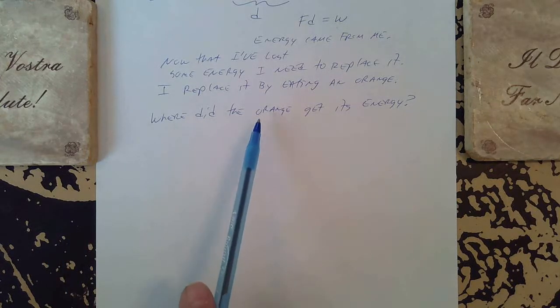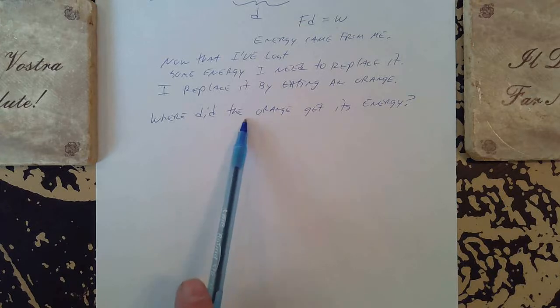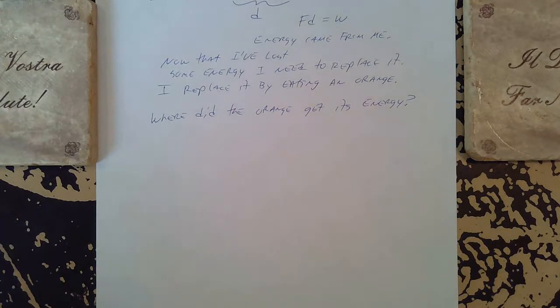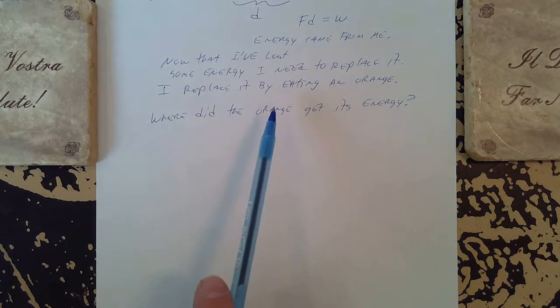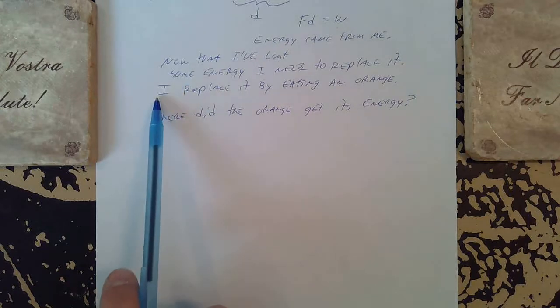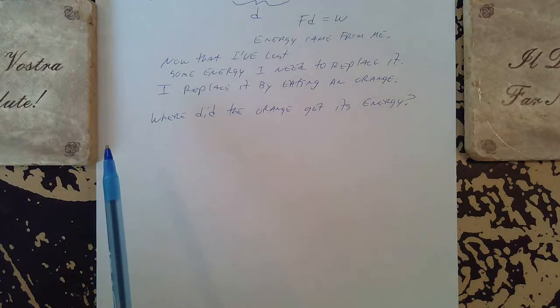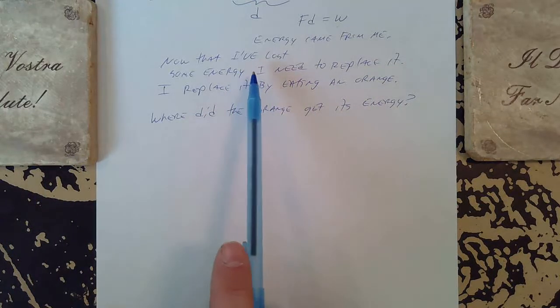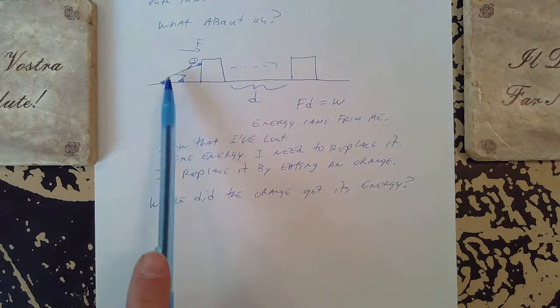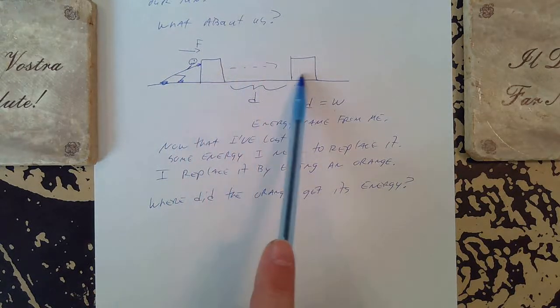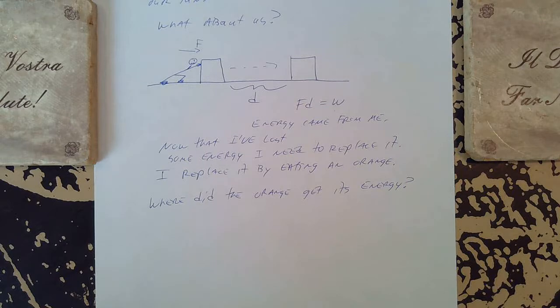If we trace all the energy that is in that orange, it came from the sun. So when I ate the orange to replace the energy I needed, that energy came from the sun, which in turn means the energy I used to do work to move this block on Earth ultimately came from the sun.